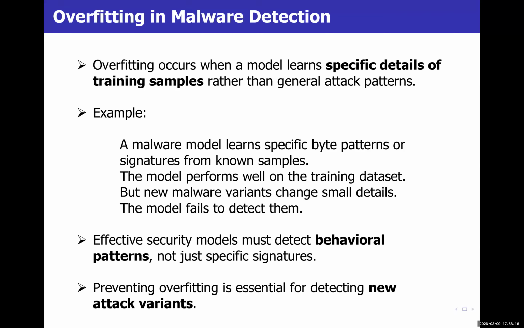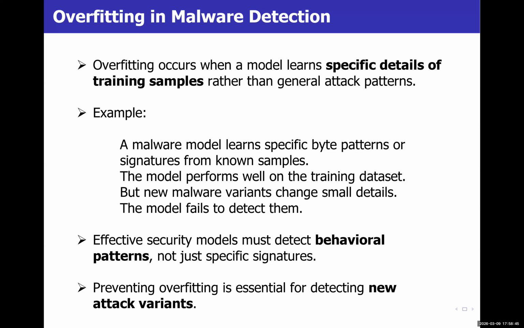So now we'll talk specifically about overfitting in malware detection. A good example of overfitting occurs in malware detection systems. Imagine a model that is trained on a collection of known malware samples. If the model focuses too heavily on specific byte patterns or signatures present in those samples, it may appear highly accurate during training.